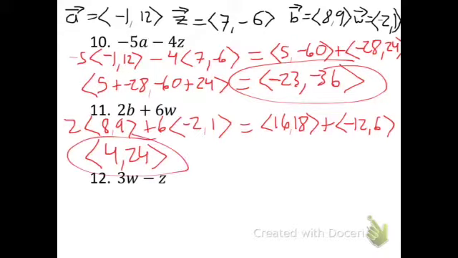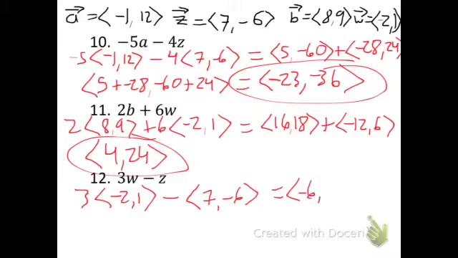And on 12, you need to do 3 times w, which w is negative 2, 1. And you need to subtract off z, which is 7, negative 6. 3 times negative 2 is negative 6. And then 3 times 1 is 3. And we need to now subtract off 7, negative 6.